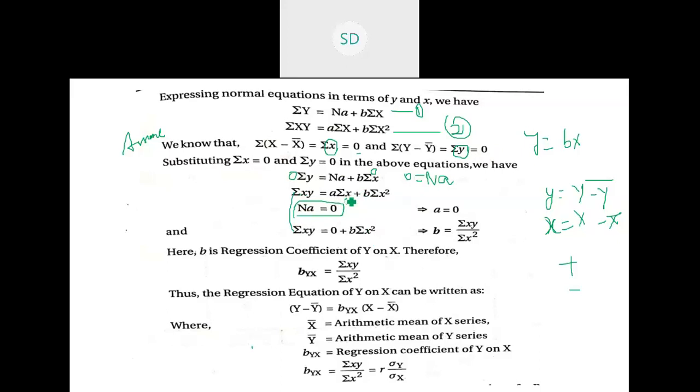So a into sigma x is 0, then plus b into sigma x square. So this is the next equation that we get by substituting x and y to be 0. Okay, did you all understand the equation until here? Any doubts until here?